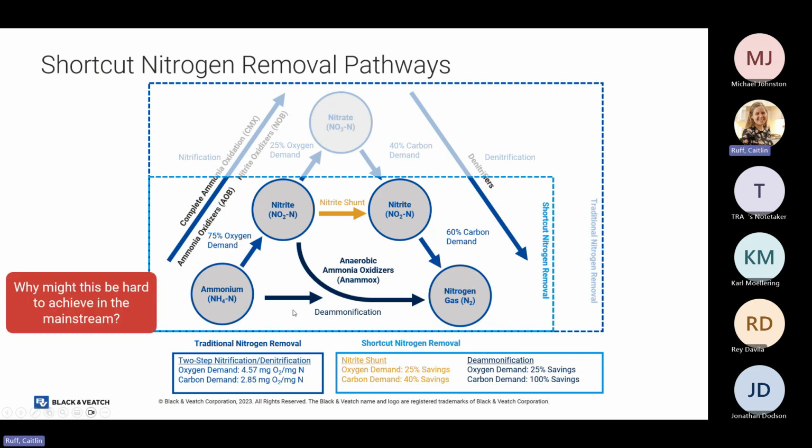Why might this be hard to achieve in the mainstream? That's why there's so much research going on right now. At normal temperatures, this NOB, this wanting to convert nitrite to nitrate, is really hard to stop.